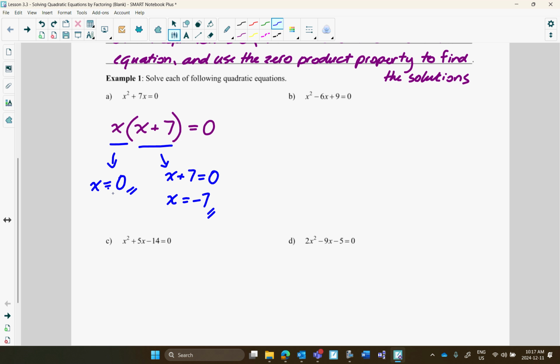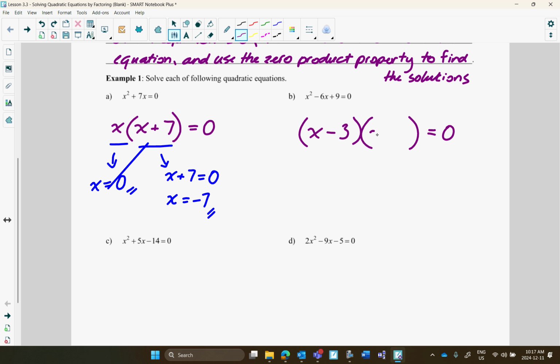Okay, this one. We have 0 on one side, so we can go ahead and factor. What kind of factoring? X squared trinomial. What do we get?